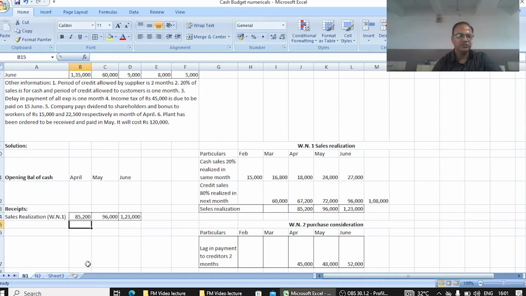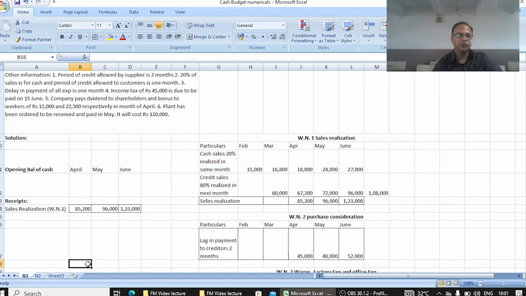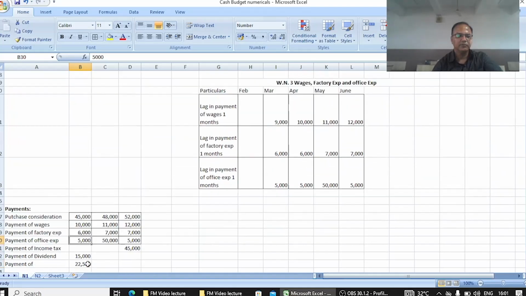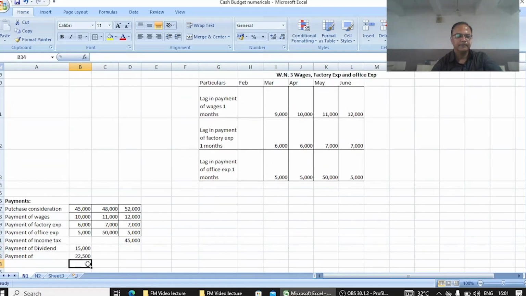Purchase of plant in May. This is 1,20,000.